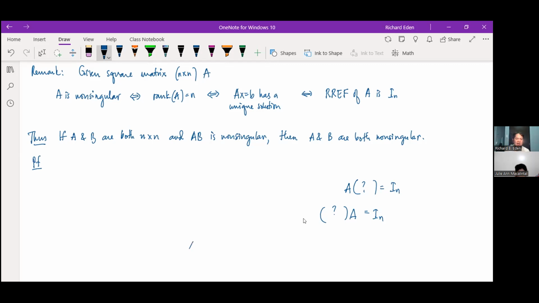Suppose you start with the inverse of AB. We have to be careful. I know we have the theorem where we can write this as B inverse, A inverse, but that assumes that B inverse exists and A inverse exists.